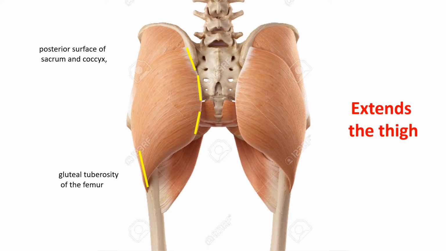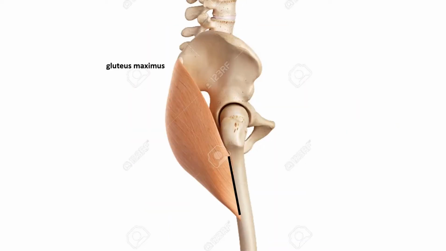Plus, when we are walking and we want to push ourselves forward, we are using this muscle. Now, this muscle is in the gluteal region, and it is the largest muscle in the gluteal region. Therefore, it is going to be called gluteus maximus.